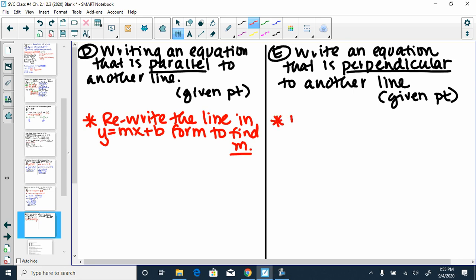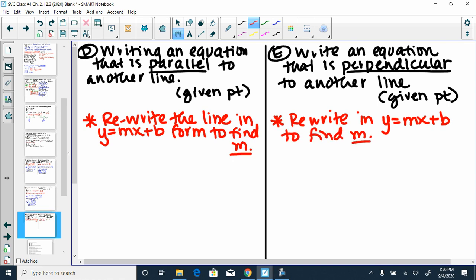Same thing over here. You have to rewrite in y equals mx plus b form to find m. However, over here, the slopes are not the same. They are opposite reciprocals of each other. Okay, so we're going to have to do something here.